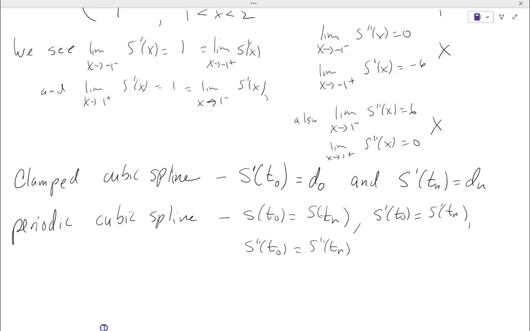Again, you would use something like a periodic cubic spline if you expected whatever data you were getting to repeat, at least this is in my mind. I don't do splines in practice, I'm an algebraist. But this is why I would expect you would want to use a periodic cubic spline.